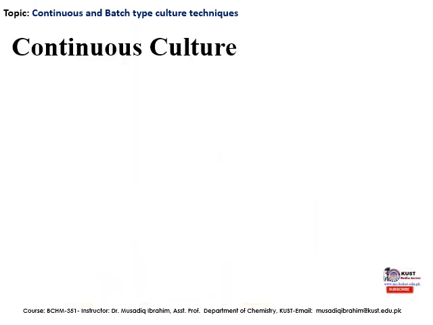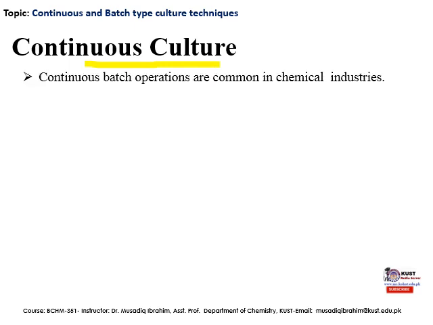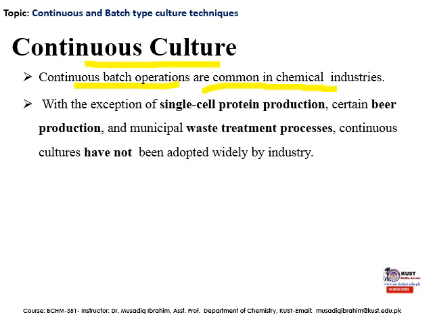Now, in case of continuous cultures, the continuous operations are more common in the chemical industries. Now, with the exception of single cell protein production, certain beer production, and municipal waste treatment processes, the continuous culture mode has not been adopted widely by the industry.